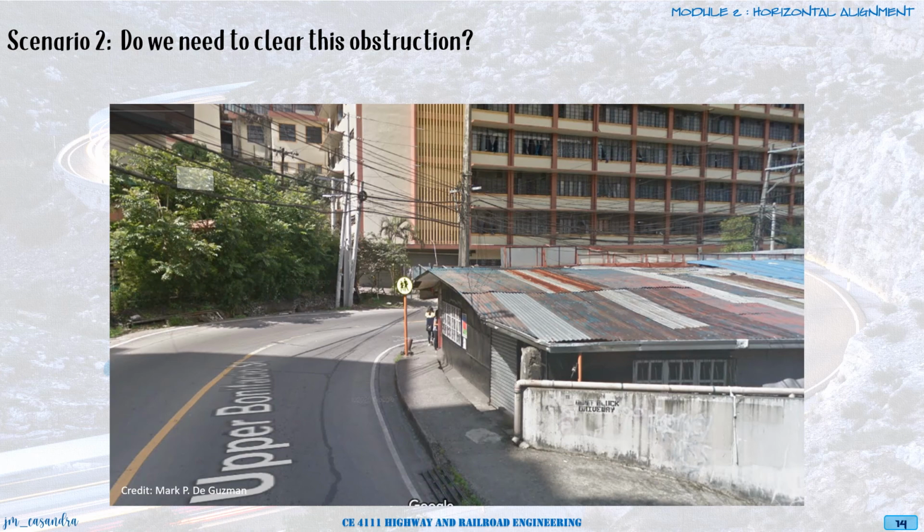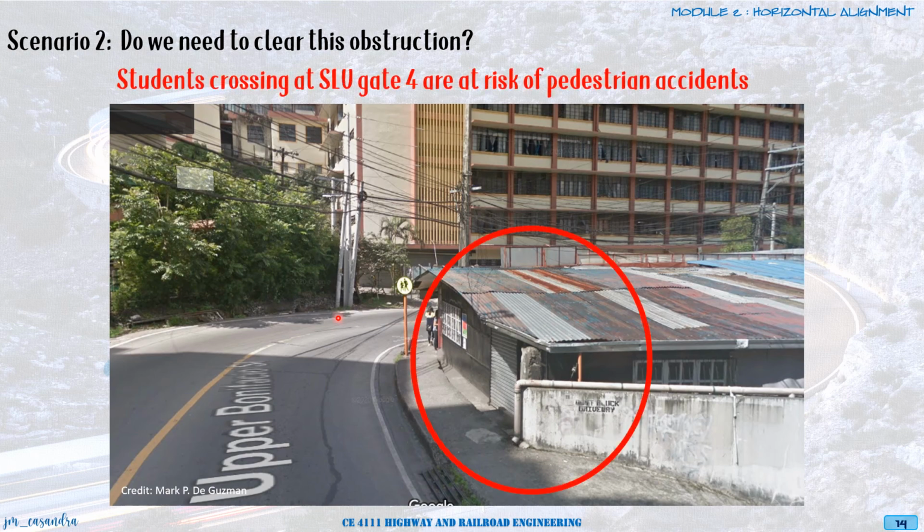Scenario 2, we need to clear this obstruction. This is along Otohan. Yung road natin, Upper Bonifacio. Ito yung curve natin. Do we need to clear this distance? So we need to clear it because the students, di ba may crossing dito sa side na to?